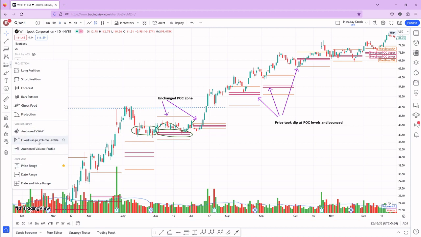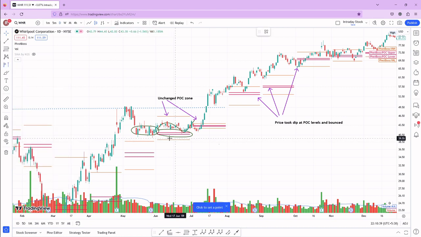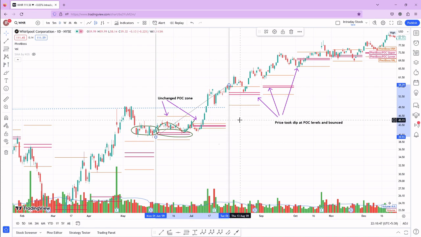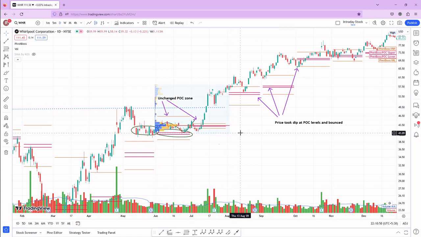Okay, fixed range volume profile, anchored volume profile. Okay, this might also help. Let me see. Okay, from here to here. Okay, yeah.